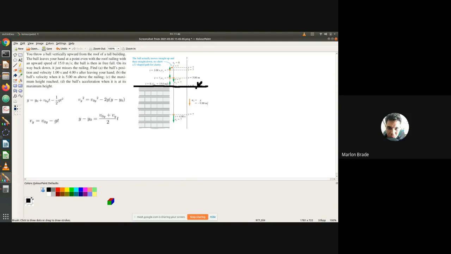So karon iyang giitsa ang bola. Given nga ang initial velocity v naught y of the ball. The ball leaves your hand at the point even with the roof with an upward velocity of 15.0 meter per second.